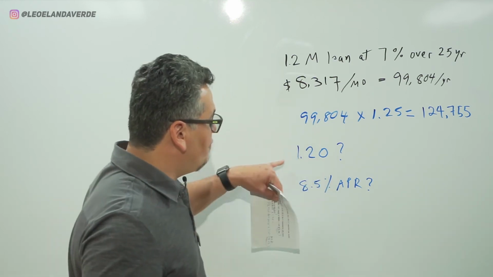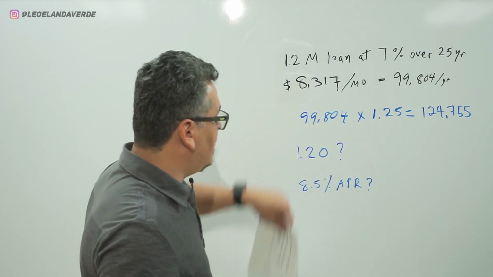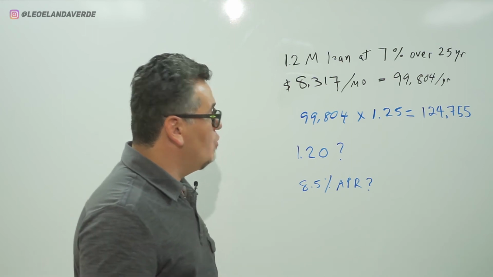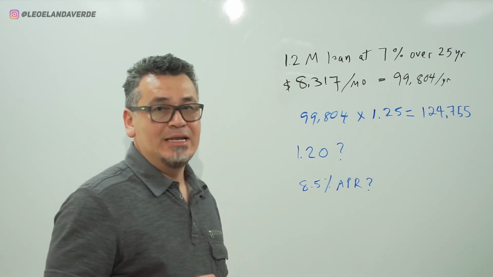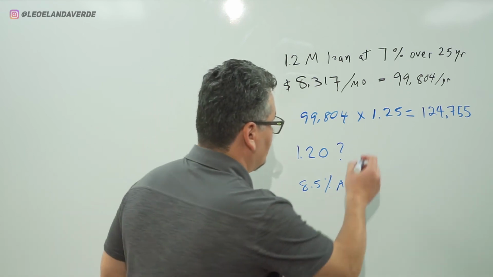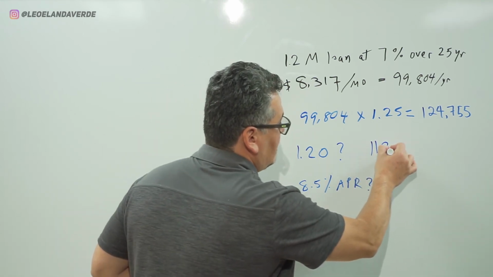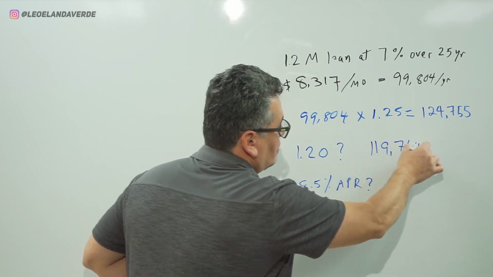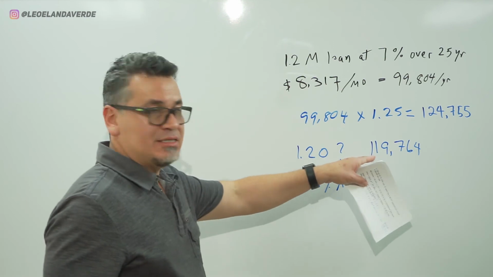So what if instead of 1.25, our debt service coverage ratio was 1.20? What would the minimum net operating income be? You guessed right, it would be lower. In this case, it would be $119,764. Okay, so less, right?